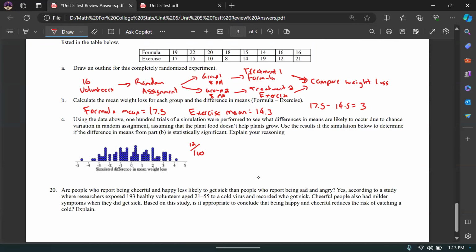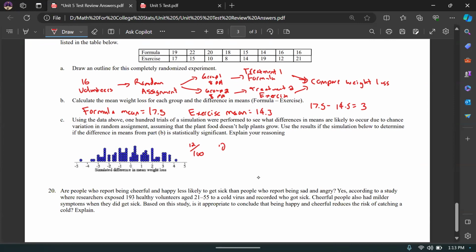And so since that is more than 5%, right? That's 12%.